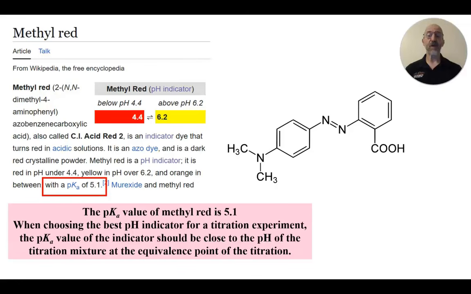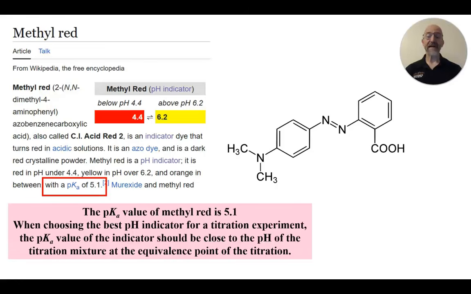Normally, the pH range, or the color change, is roughly plus or minus 1 on either side of the pKa value of the indicator. So since the pKa of methyl red is approximately 5, the range of color change is roughly between pH 4 and 6.